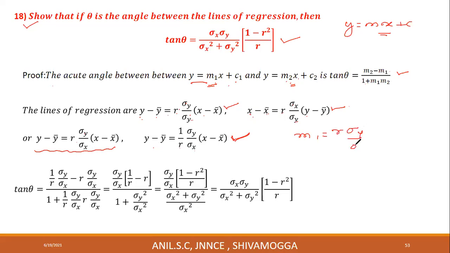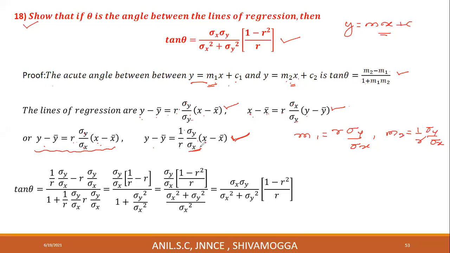And m2, the coefficient of x in the second line, is 1 by r into sigma y divided by sigma x. Both take the form y is equal to mx plus c.